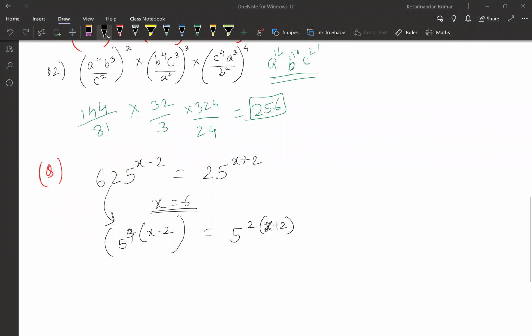Sorry guys, I got disconnected because of a power cut at my end. Is the screen visible, guys? Yes, Kesari.